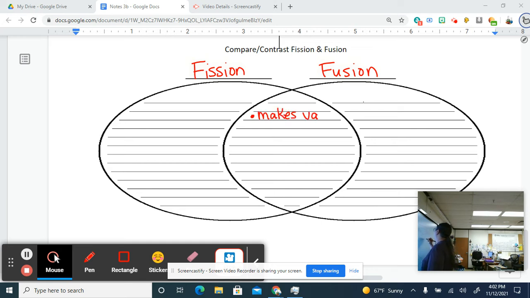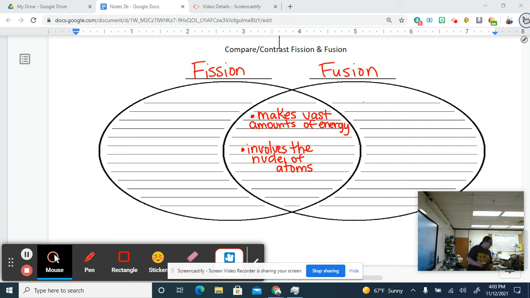Makes vast amounts of energy. Like a lot. It's really kind of amazing how much energy. And then the other thing they have in common involves the nuclei of atoms. That's how we know it's called nuclear, because it involves the nuclei.